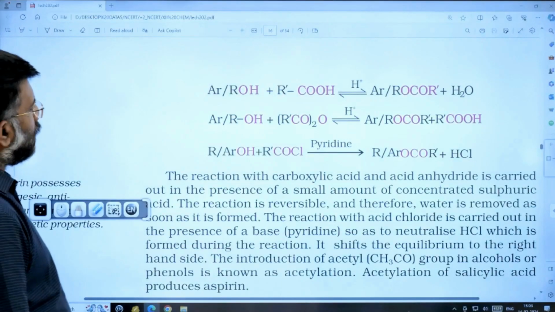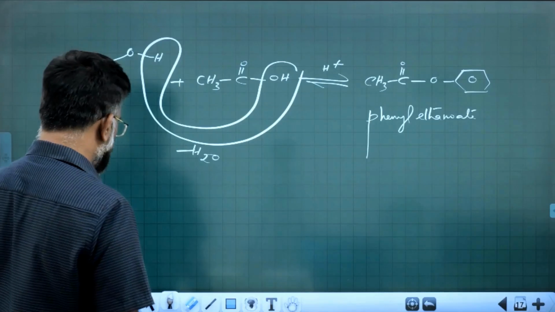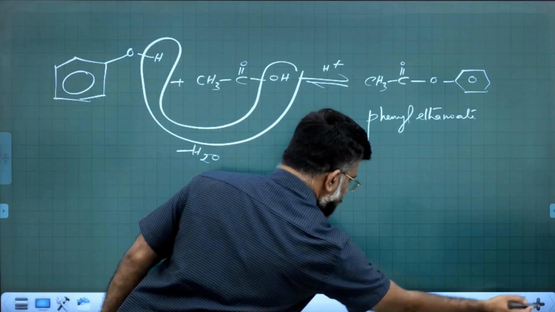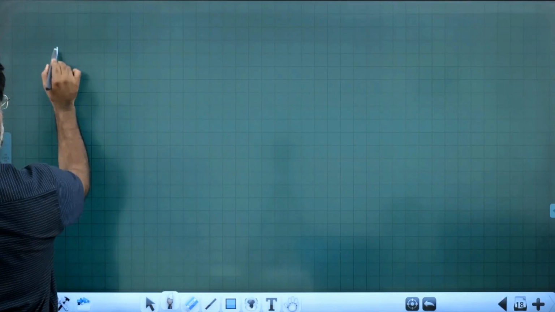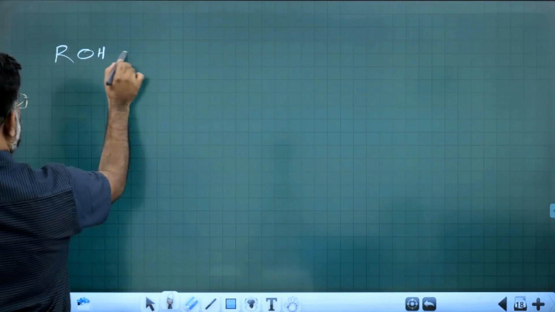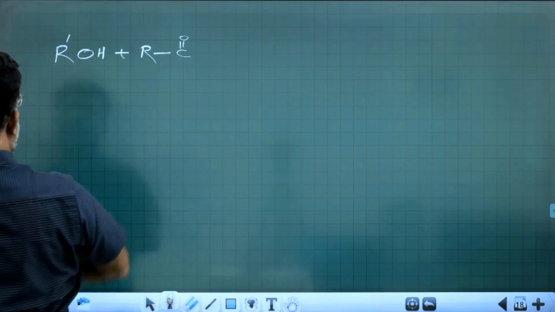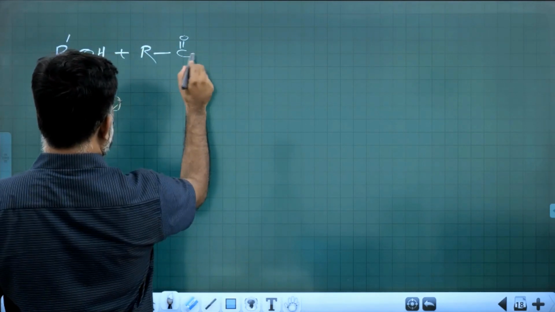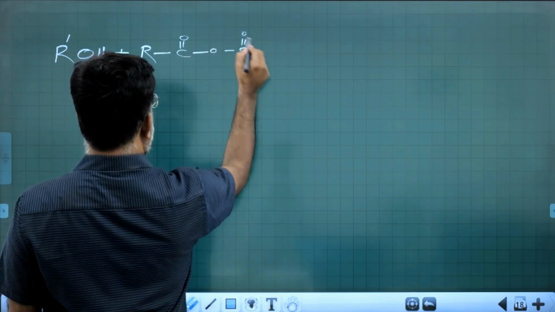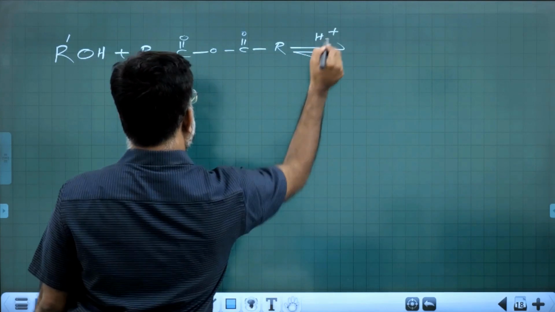Now more examples are available. Alcohol or phenol with anhydrides. Let's have a look at an alcohol with an anhydride: R dash OH interacting with RCO-O-COR. See what is happening?